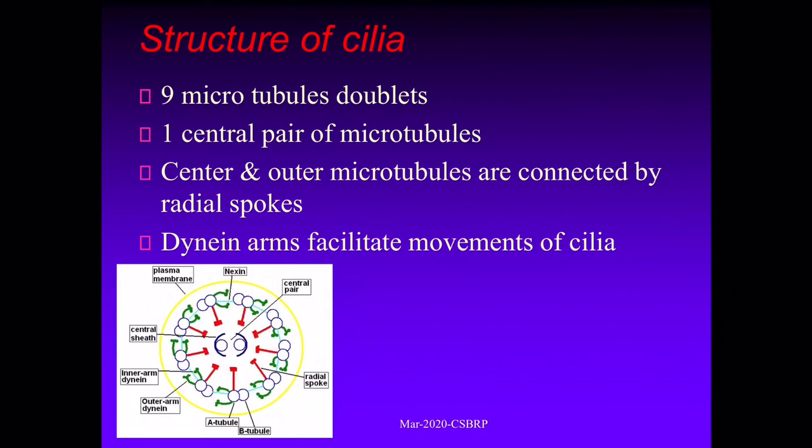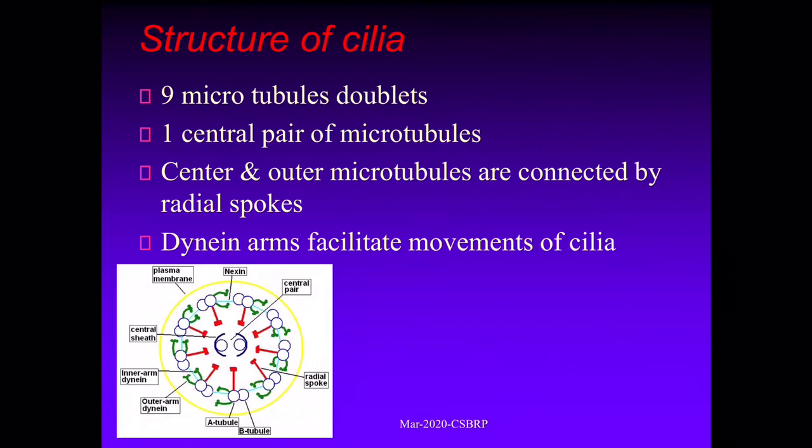And the red ones extending towards the center are known as radial spokes. So any abnormality in Dynein arms or radial spokes may result in abnormal ciliary motility or non-motile cilia, which is the basis for the development of bronchiectasis in these cases.